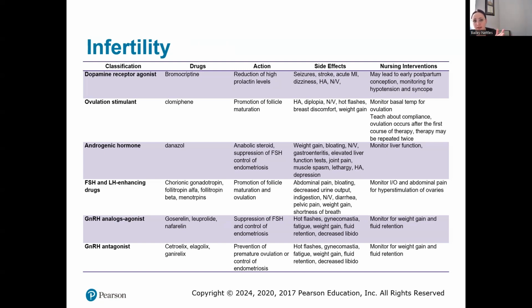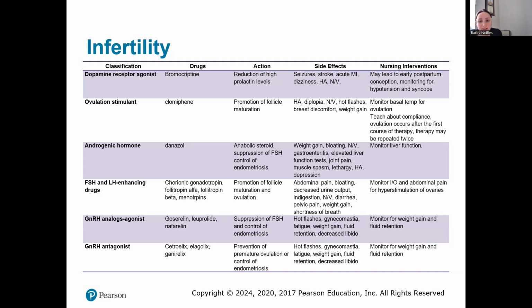All right, so infertility. The most important thing about this is there's different types. There's dopamine receptor agonists, so that reduces the high levels of prolactin. Ovulation stimulants, so they produce the follicle to mature. Androgenic hormones. So this is an anabolic steroid. It suppresses the FSH and controls the endometriosis.